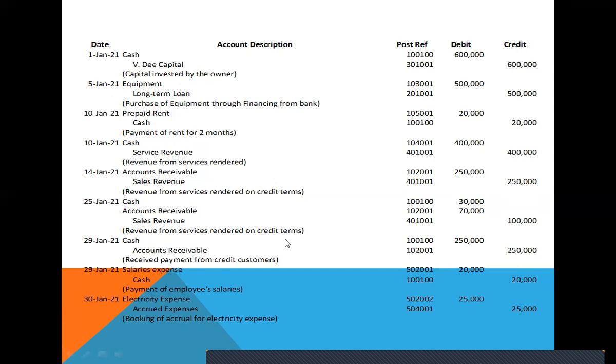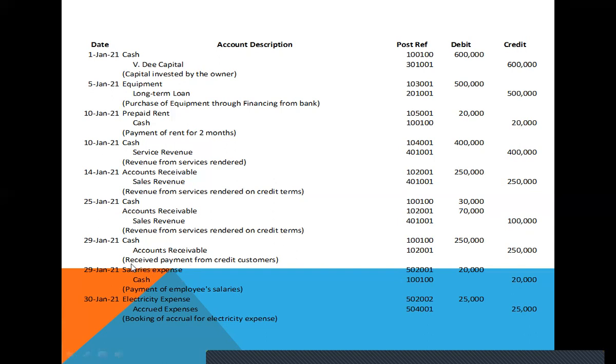If you can remember, the service revenue was 100,000 pesos and 30% of that was paid in cash and the remaining 70% to be settled after 15 days. What is 30% of 100,000 pesos? That is 30,000 pesos. So you debit cash of 30,000 pesos and also debit accounts receivable of 70,000 pesos. Now, this is an example of a multiple entry. You have two debits and one credit.